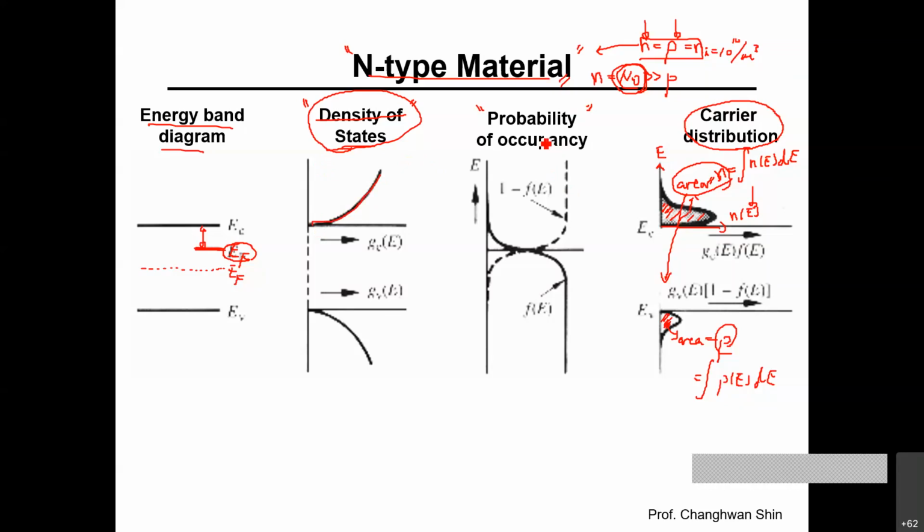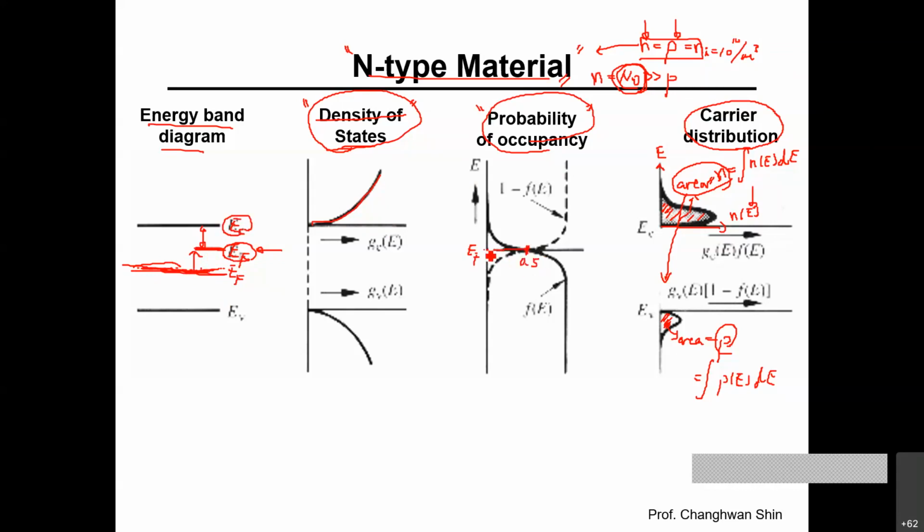But the thing that was changed is the probability of finding an electron in N-type silicon material. Why has this probability of occupancy been modified? Because the Fermi energy level is slightly changed. In undoped silicon material, the Fermi energy level is placed in the middle of the band gap. But now it is shifted upward near the conduction band edge E sub C, right? So here, at the Fermi energy level, the Fermi function value is 1/2.